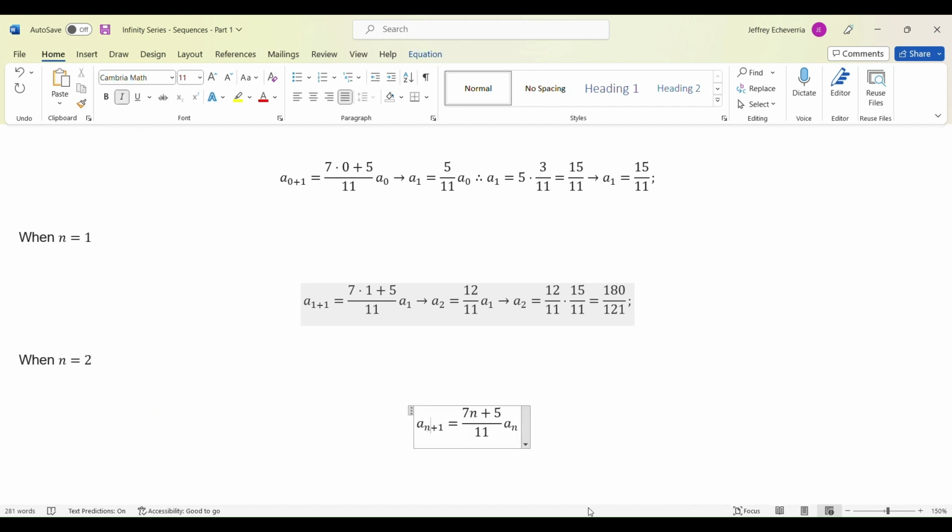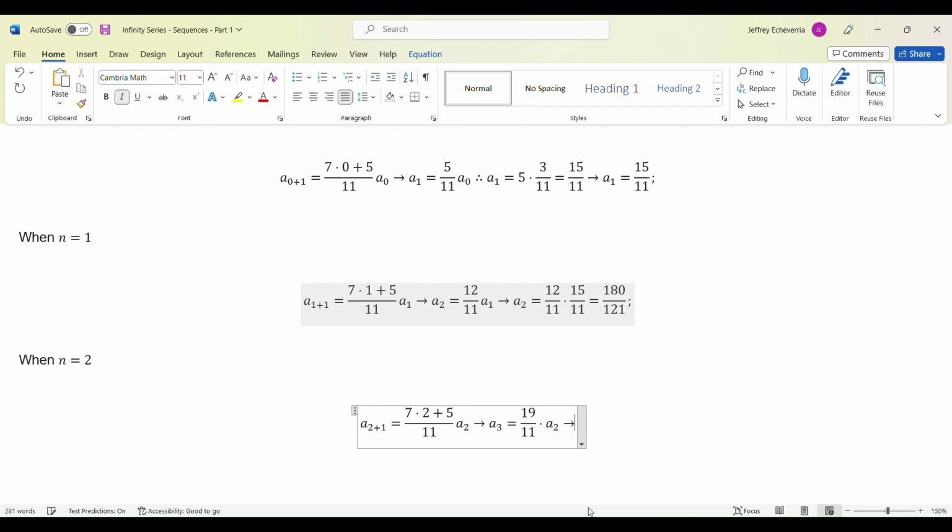Now, wherever we see an n, we replace it with 2. So a sub 3 equals 11. 7 times 2 is 14 plus 5 is 19. So we have 19 over 11 times c dot a sub 2.